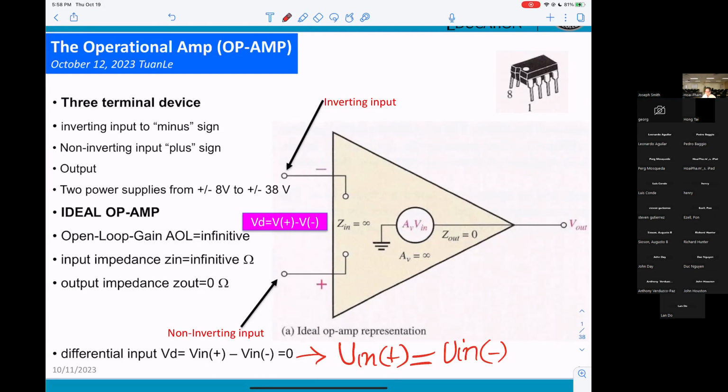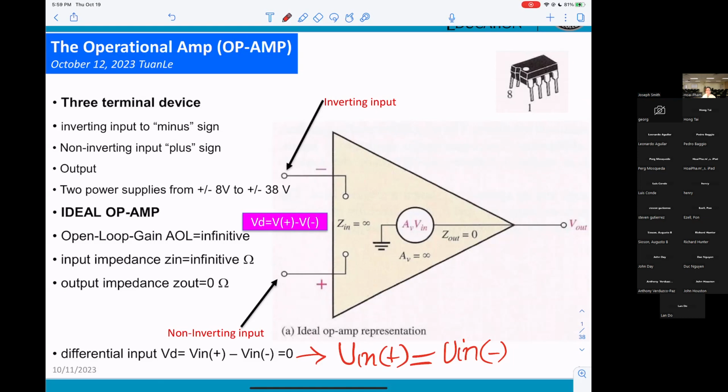And the one at the positive, they call non-inverting input. And when we're talking about VD, that means the difference between input at positive and input at negative.